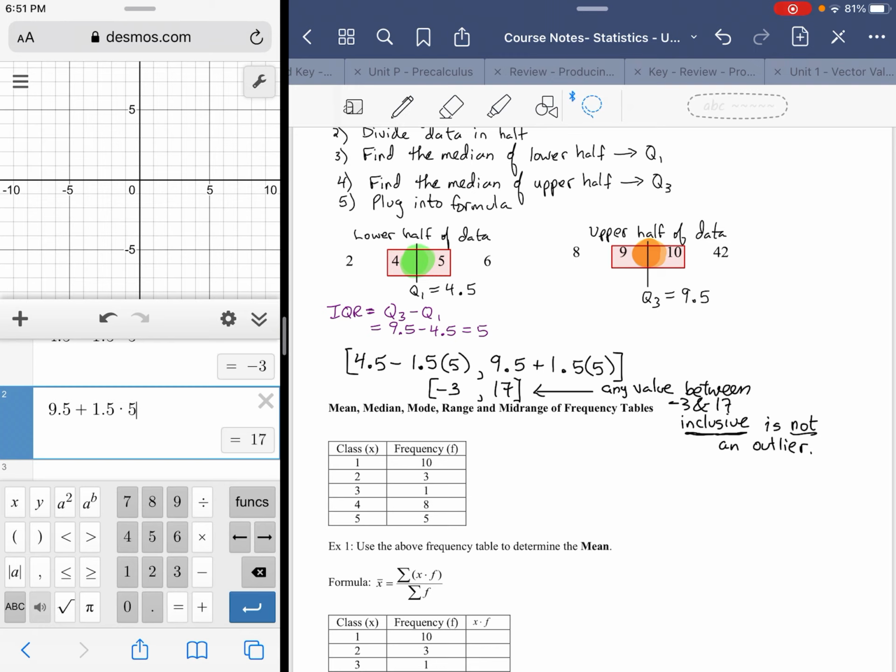All right, so any value in between those two numbers is not going to be considered an outlier. So then we start thinking, okay, well, what is an outlier then?